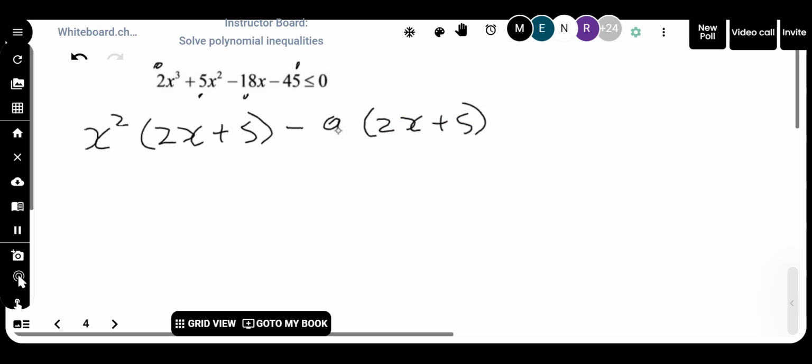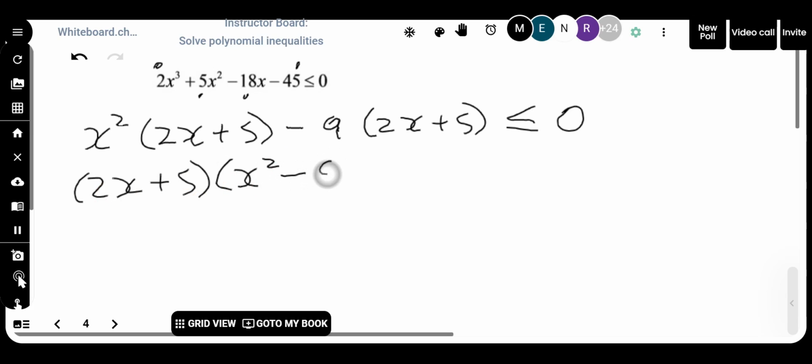All right? And I remind you that this is less than or equal to 0. So it's still the same question. Now, the common factor is the 2x plus 5. And then what's left over is x squared minus 9. That's all less than or equal to 0.